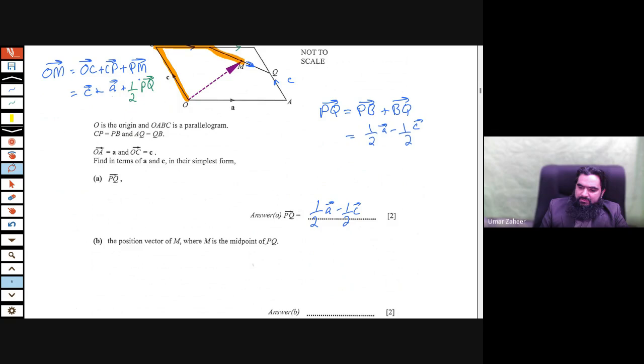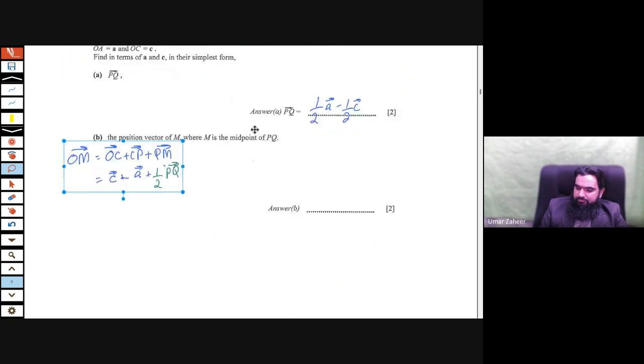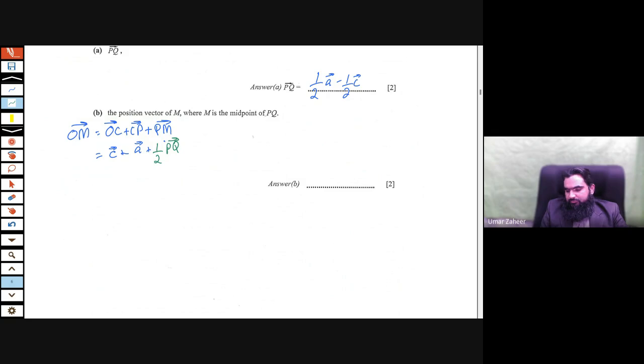Now we need to do the simplification. Take it down. It is C plus A plus 1 by 2 PQ. And the value of PQ, we already found.